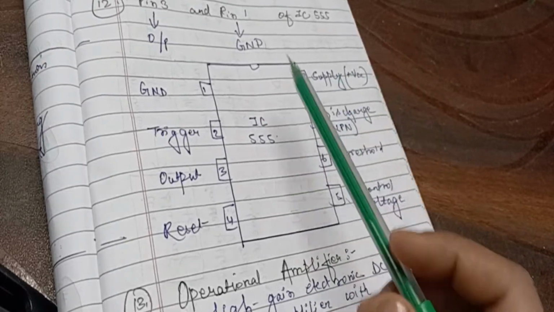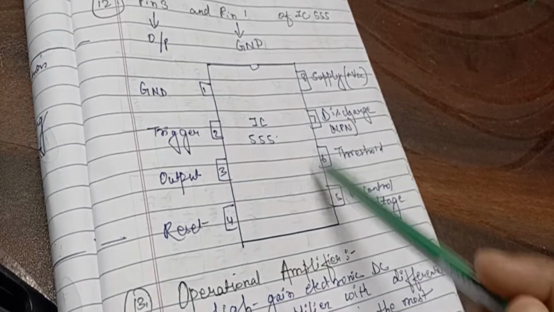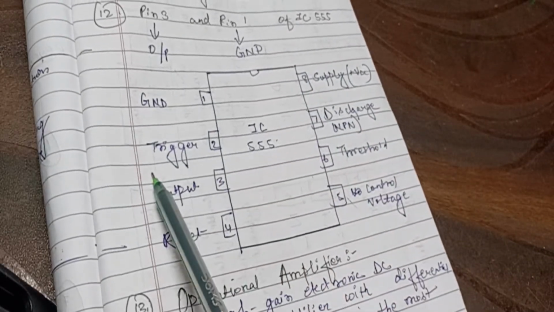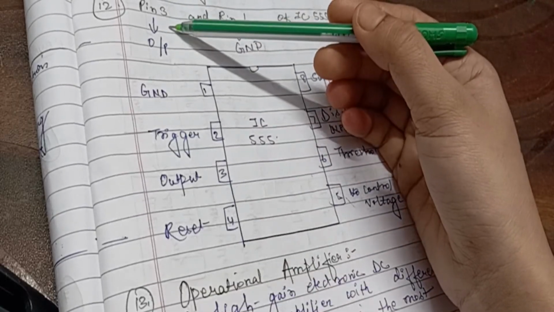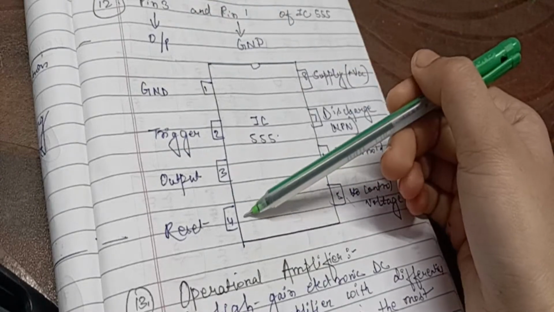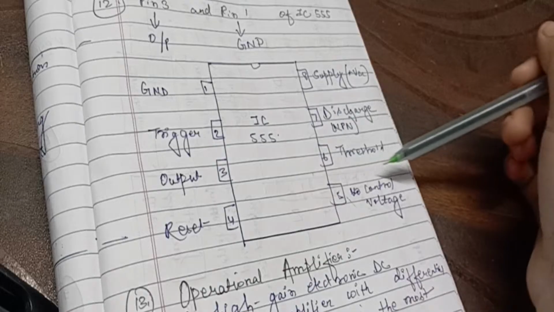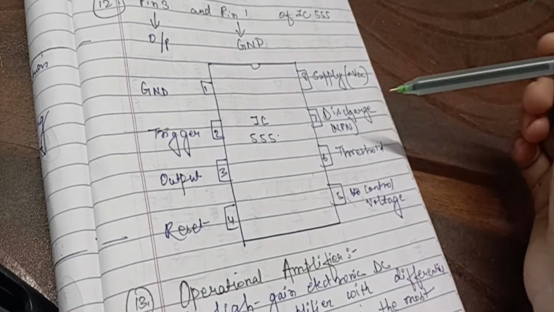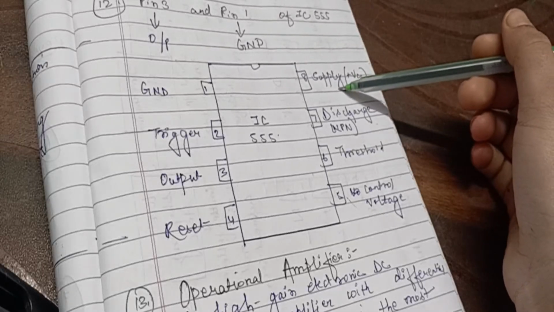It has 8 pins. 1 is ground, 2 is trigger, 3 is output. 4 is reset, 5 control voltage, 6 threshold, 7 discharge NPN transistor, and 8 is supply.